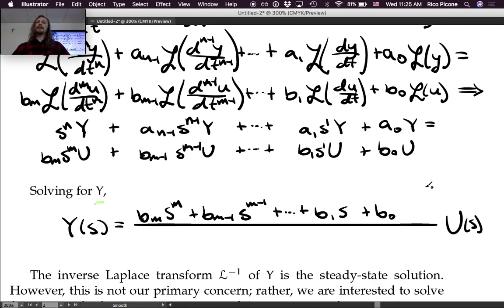So that is the right-hand side with u factored out.